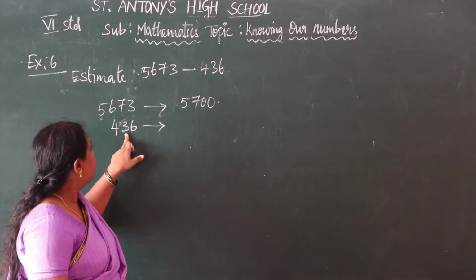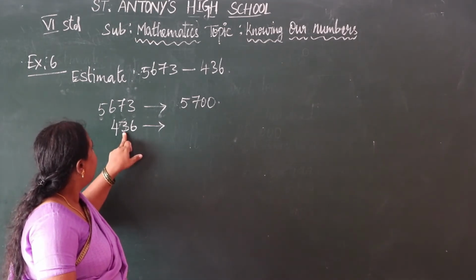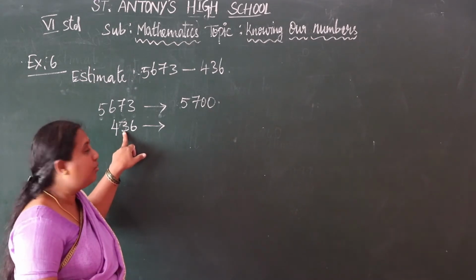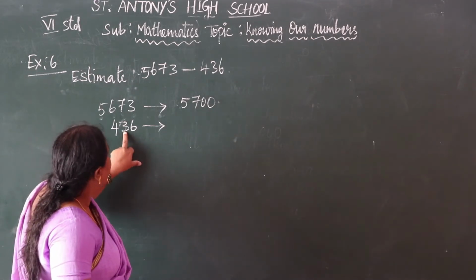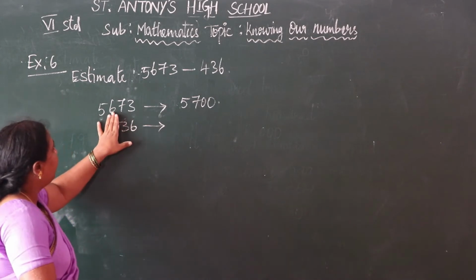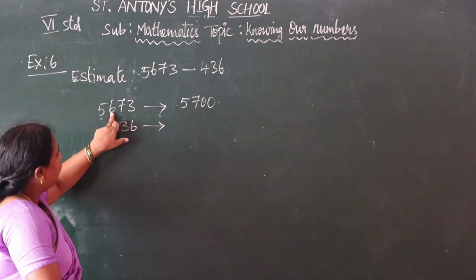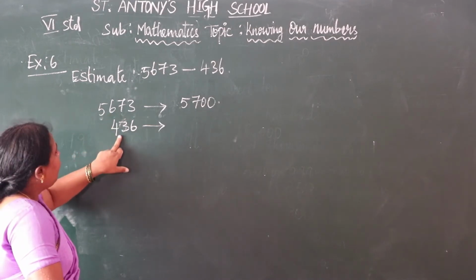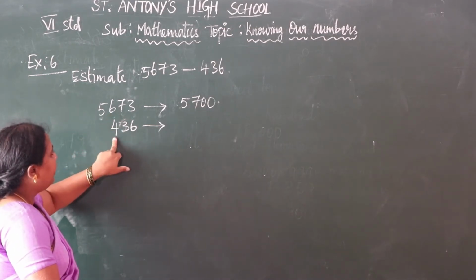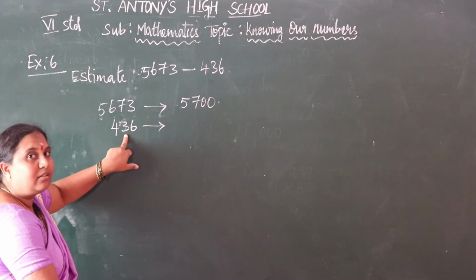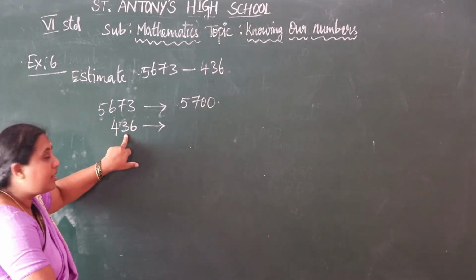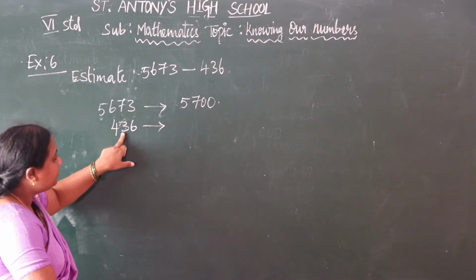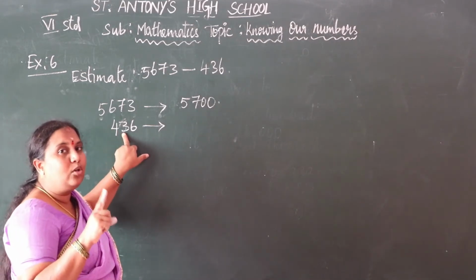Wait students, here we are considering nearest 100, so we consider the tens place, that is 3. Here 3 comes under rule 1.